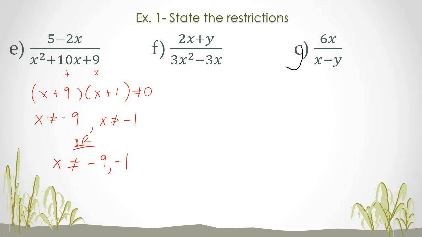Same idea for f. We're going to have to factor that. This is not a difference of squares. This is not a trinomial. We're going to check for a common factor, which in this case is 3x, which leaves us with x minus 1. And I'm going to go through the factoring fairly quickly through this and the rest of this unit because we did a review lesson on factoring, and it's my hope that you're going to catch yourself up to speed.